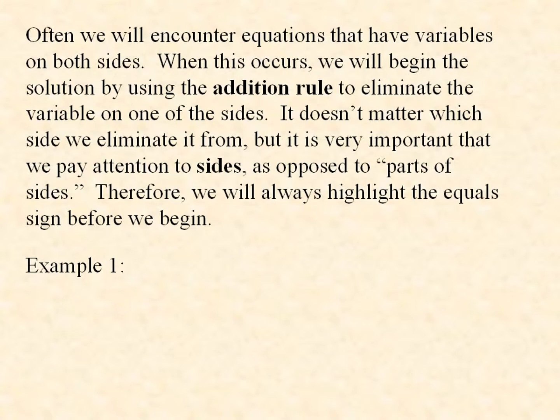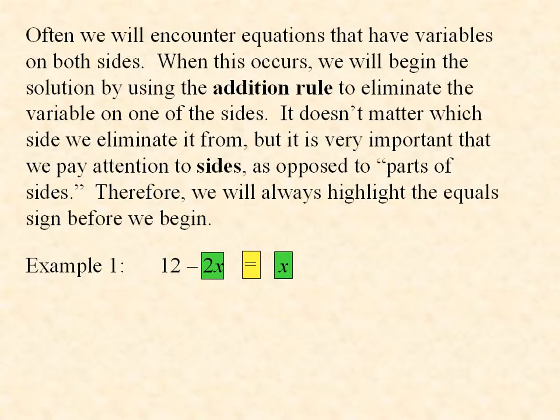Here's example 1. 12 minus 2x equals x. We identify the equal sign, and we identify the left and right sides. X is on both sides. Let's see.